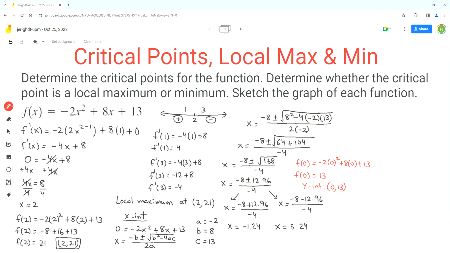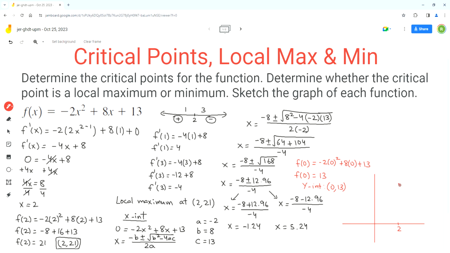Now we can use all of this information to sketch the function. So let's start with the local maximum. So the local maximum is at (2, 21). So let's assume there is 2 here and then 21 here.